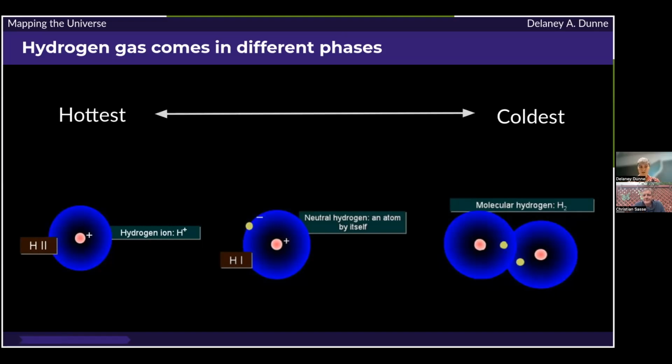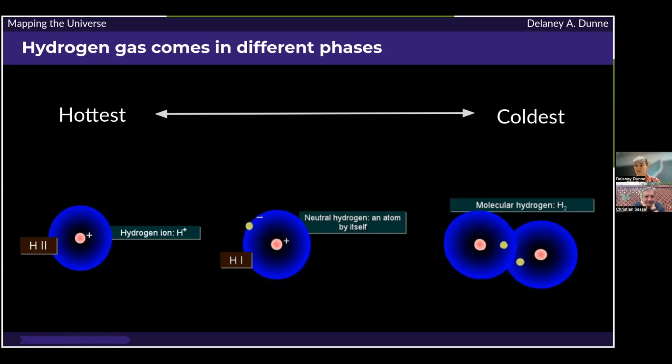These are arranged in order from hottest gas to coldest gas, because it takes a lot of energy to strip off that electron and have just a hydrogen ion. And then it is really easy for very cold hydrogen to group up into these molecules.